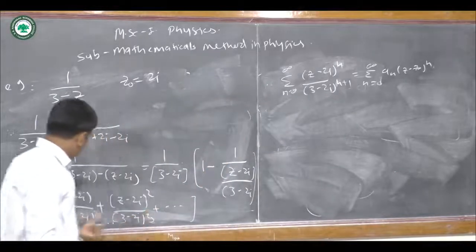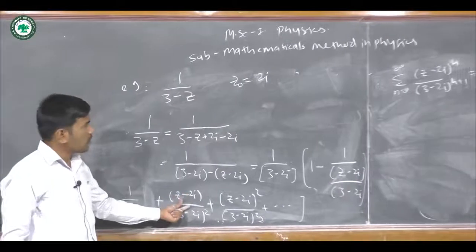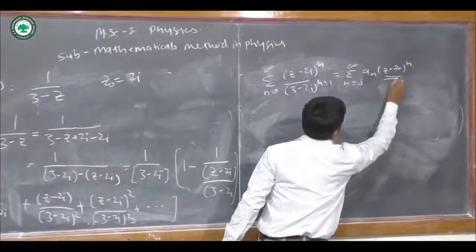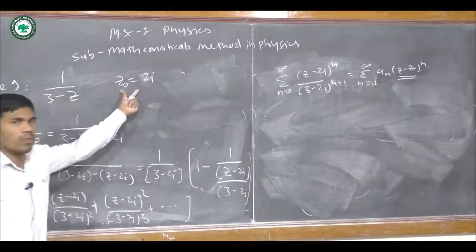If you observe these expressions, z minus 2i is what? It is z minus z naught, right? z naught is equal to 2i.